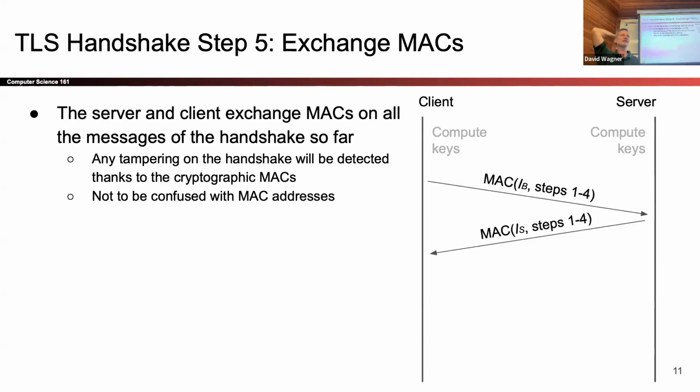This turns out to provide very strong security against an active man in the middle who's modifying individual messages in the handshake. If an attacker tries to modify any message, then the MAC will not be valid, and they'll be able to detect that someone was tampering with things. So this does double duty: both sides authenticate each other, and the server proves it's not an imposter. It's also a way they can verify that nobody was modifying any of the data exchanged in any of these previous messages.